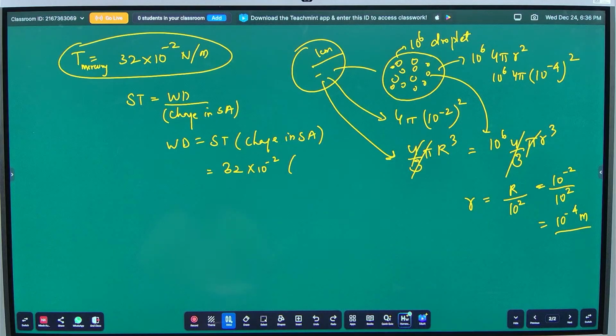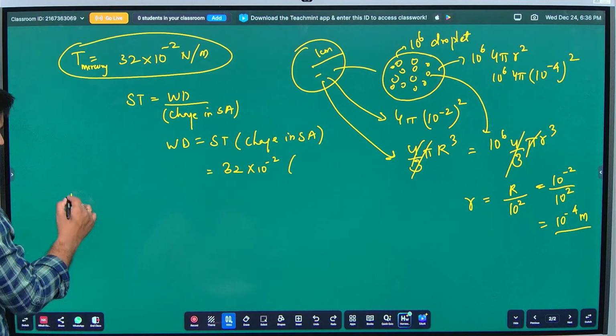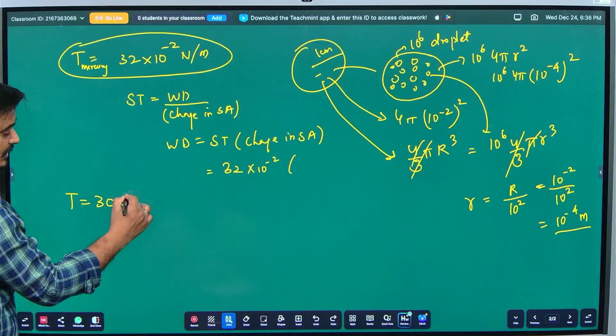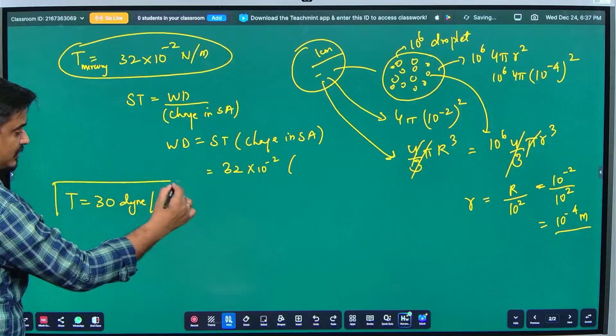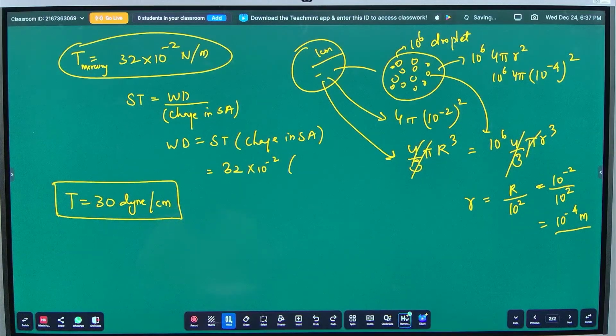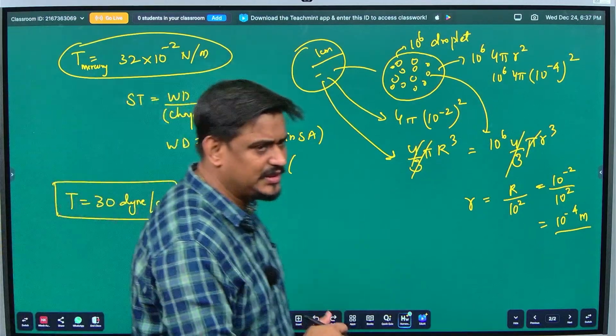Surface tension is given as 30 dyne per centimeter. They have given it in CGS unit, so find the answer in ergs itself. Work done you can find in ergs, CGS itself.